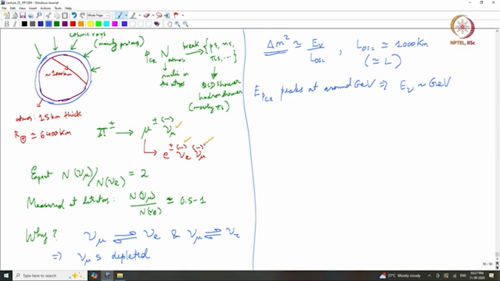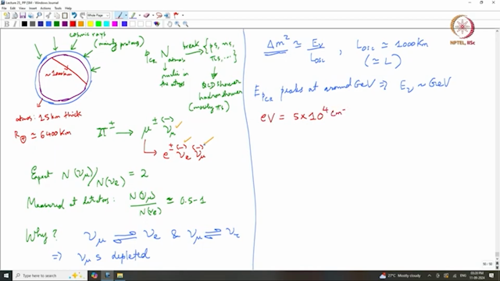Now, what else should I be doing? I know that this is 1,000 kilometers, but it's better to express everything in terms of electron volt, correct? So I am going to do just that. I am going to give you how to do the conversion. Again, this is very easy to check.